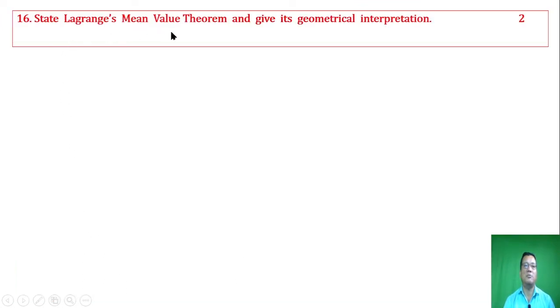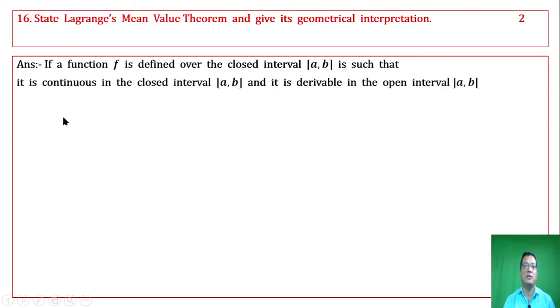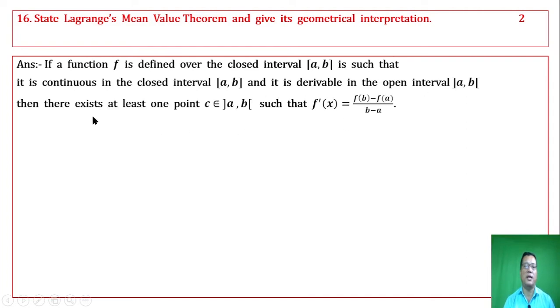State Lagrange's mean value theorem and give its geometrical interpretation, 2 marks. If a function f is defined over the closed interval a, b and is continuous in the closed interval a, b and derivable in the open interval a, b, then there exists at least one point c belongs to the open interval a, b such that f dash of c equal to f of b minus f of a by b minus a.